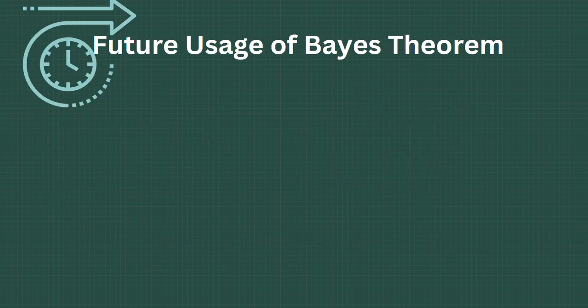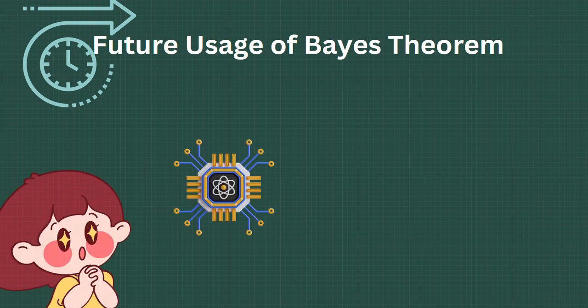And now I'll be talking about future uses of Bayes theorem, where we can use it in the future. The first thing is the picture you see, a quantum computer, where there are not bits but calculation is done in atoms. So how can we use Bayes theorem in quantum computing?